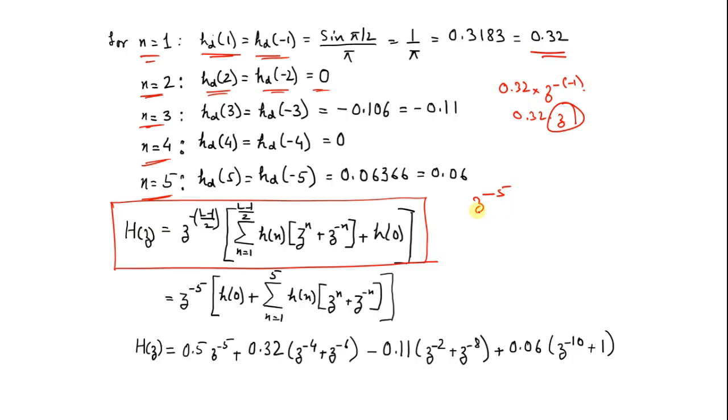So we are multiplying it with z to the power minus 5, and then we have the summation of n equals to 1 to L minus 1 by 2 of h of n, z to the power n plus z to the power minus n. So what we are doing basically is giving it as z to the power 5 and then plus z to the power minus 5.